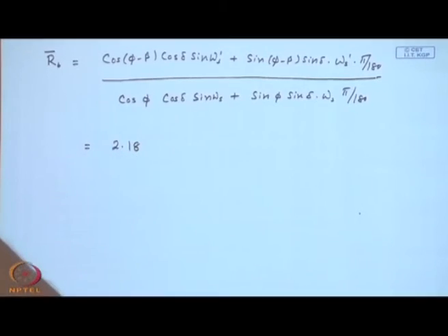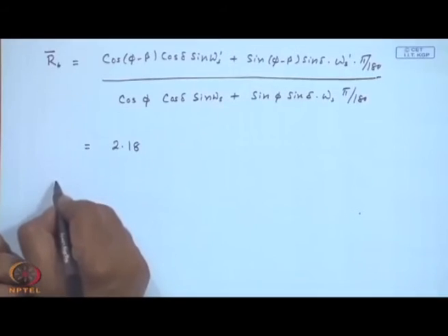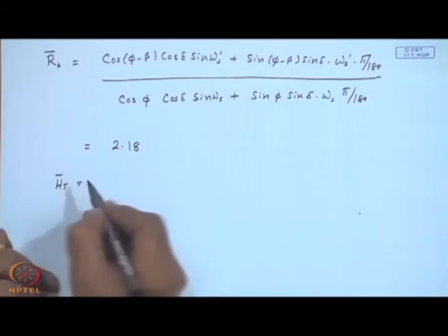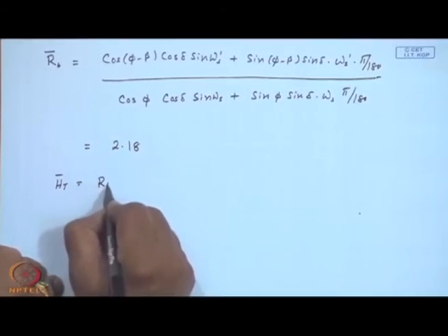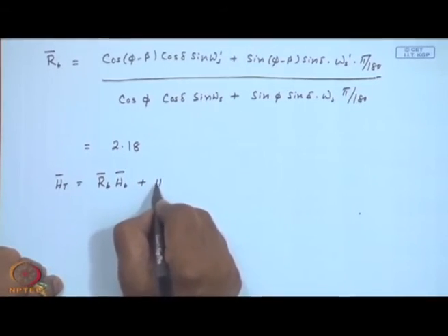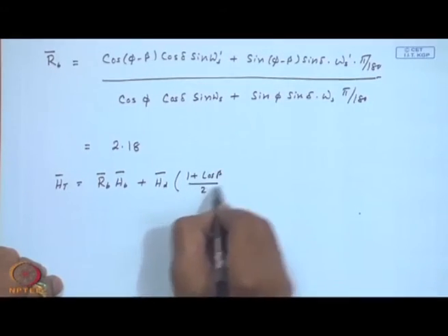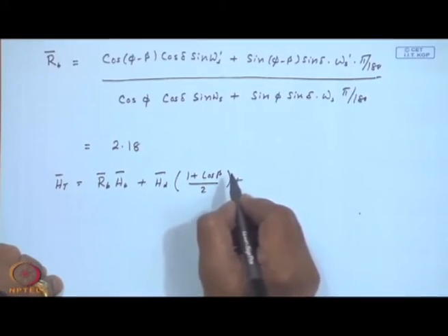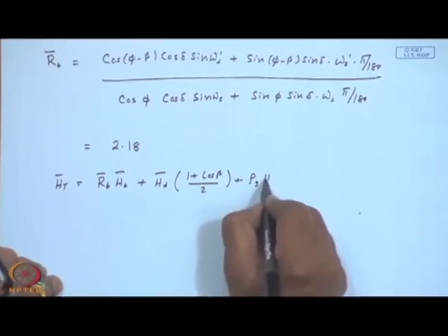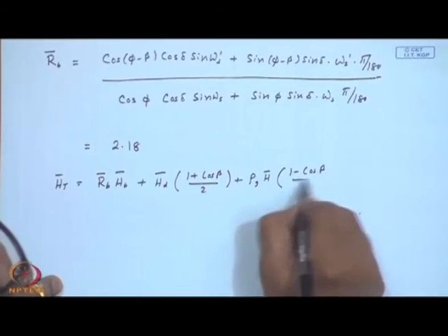So, this R b bar is a good value, that is winter, and we have optimized the winter orientation. And now, we will calculate H t bar, which should be equal to R b bar H b bar plus H d bar into (1 plus cos beta) by 2 plus rho g H bar into (1 minus cos beta) by 2.